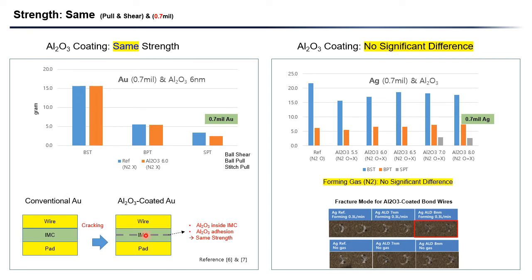The resulting IMC surrounds the broken pieces of aluminum oxide. And aluminum oxide has a good adhesion to wire and pad metals. This is why bonding strength is the same for both no coating and coating cases of aluminum oxide.